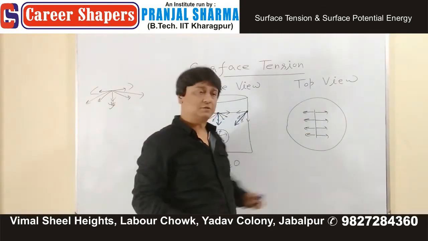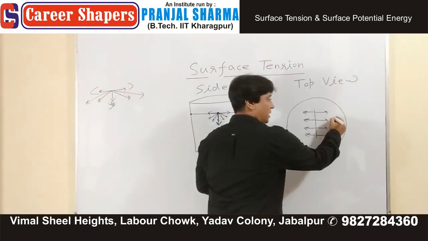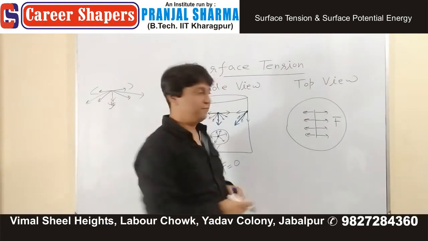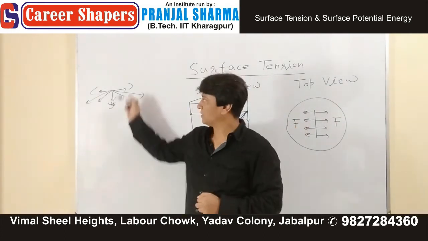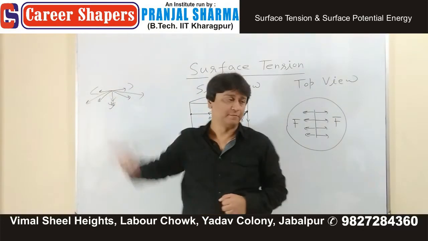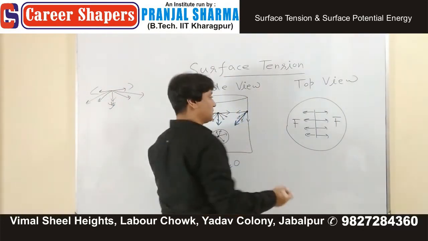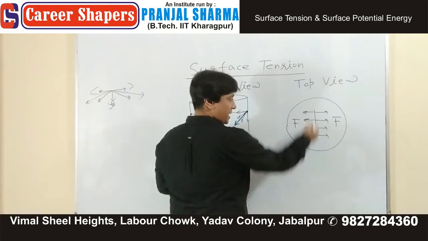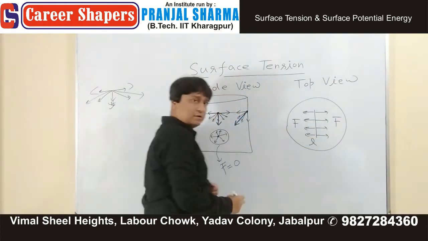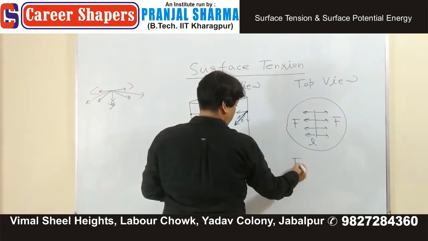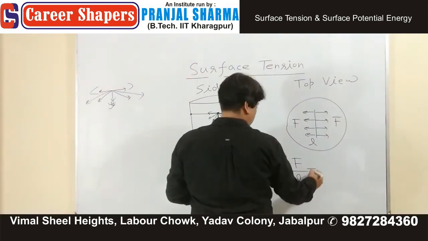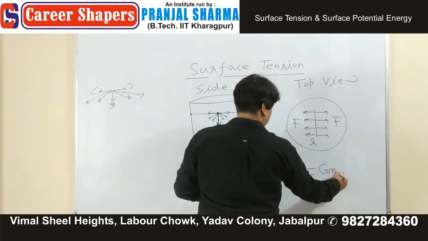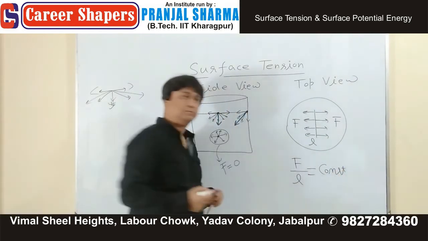Let's say from one side this is F, from this side is also F, and you know that this F is going to cancel this F. But what is found, that if you go for F divided by L, the length of the line, then F upon L is always a constant.